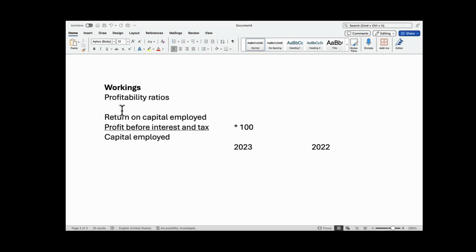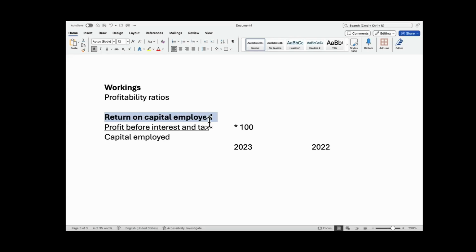Now, you see this ratio, return on capital employed, from the name, this ratio measures the amount of profits that an entity makes on the capital invested by the owners of the business.